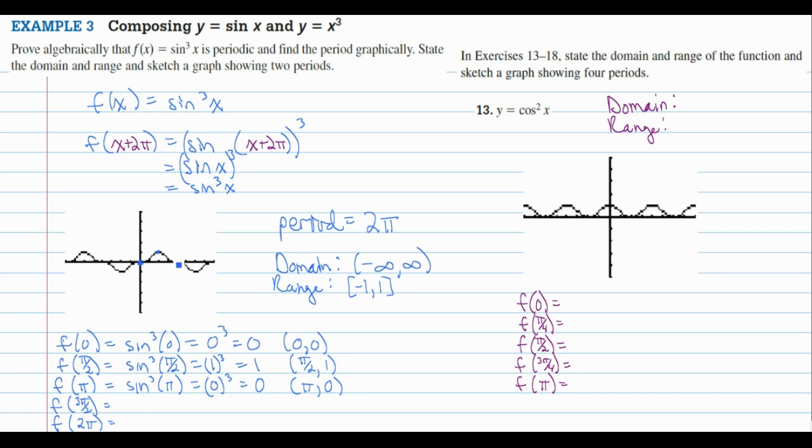Oops, I haven't been marking those. Here we go. The sine cubed of 3 pi over 2, well, the sine of 3 pi over 2 is -1, and -1 cubed is still -1, so 3 pi over 2, -1. And now sine cubed of 2 pi, the sine of 2 pi is 0, 0 cubed, 0.